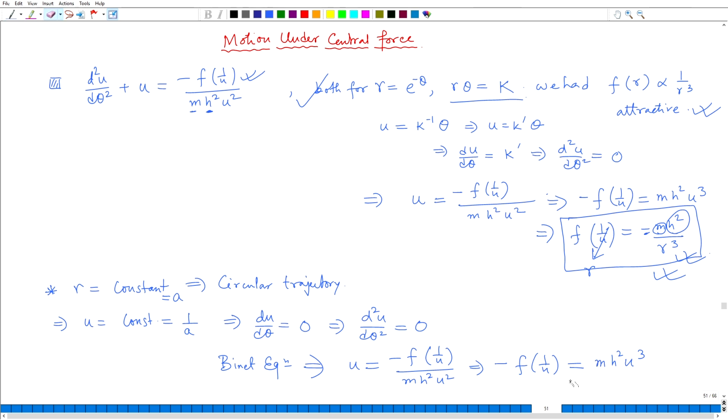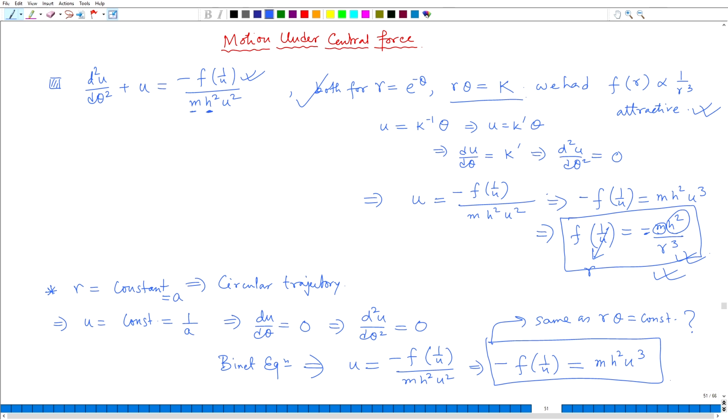And then finally you will have this thing, and you can say, oh, this is exactly the same situation as this thing, that r θ is equal to constant.